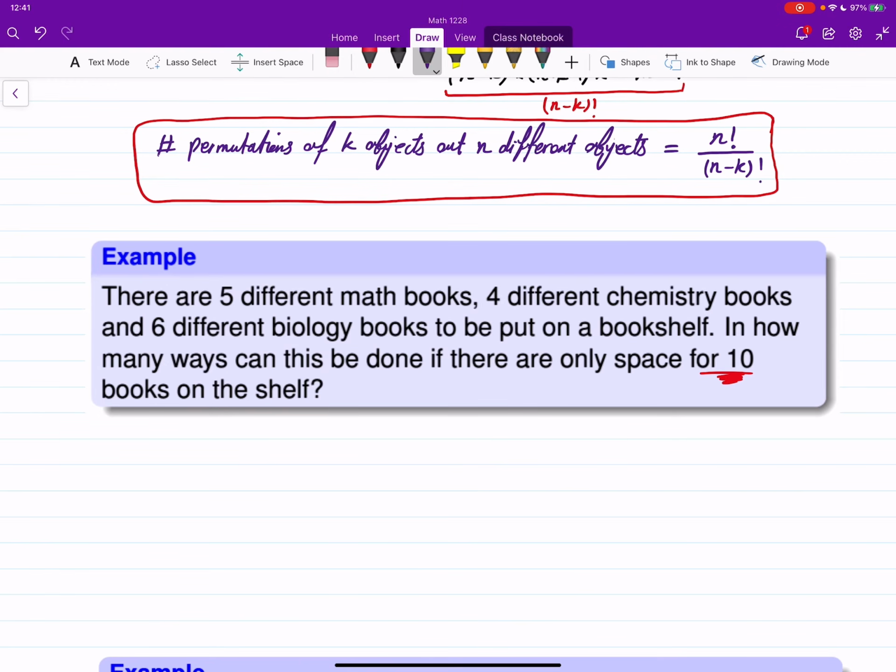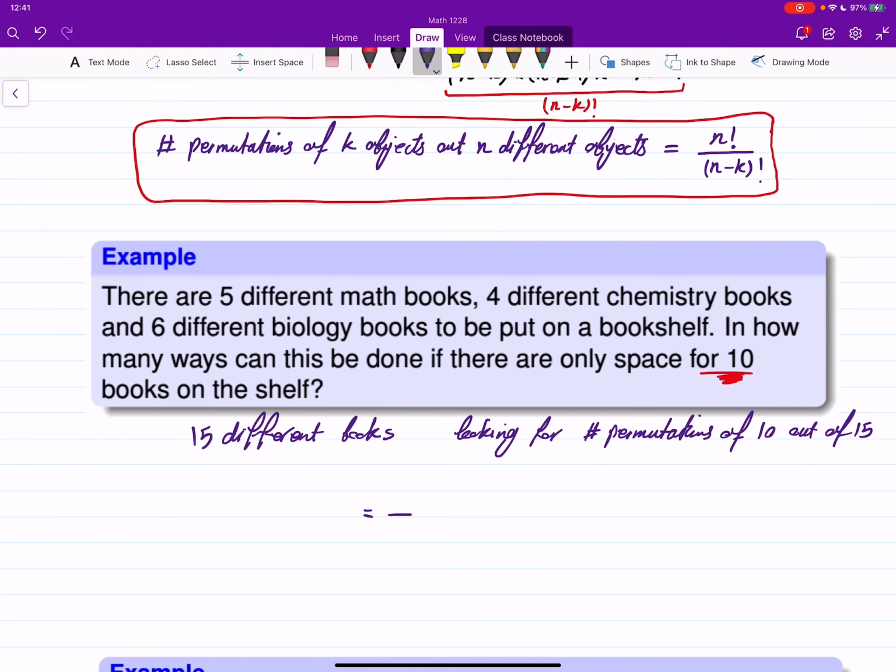So we have 15 different books, and we are looking for the number of permutations of 10 out of 15. And as the formula said, this is going to be 15 factorial divided by 15 minus 10 factorial, which is 15 factorial divided by just 5 factorial.